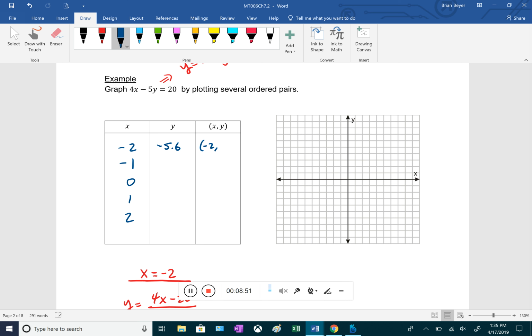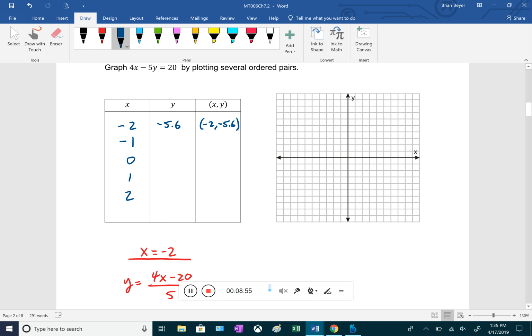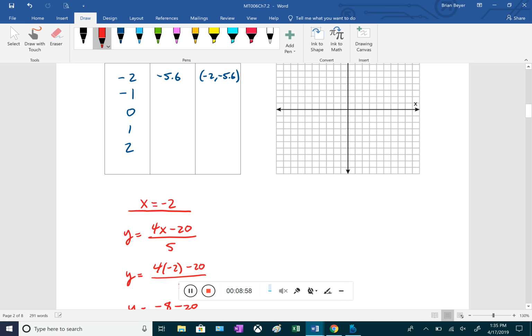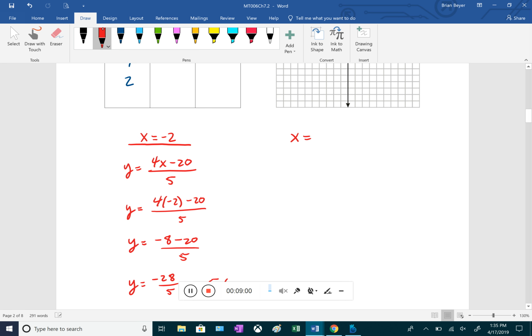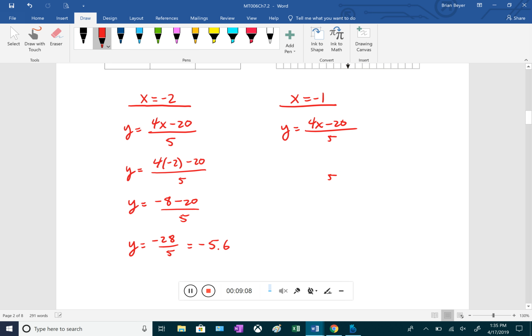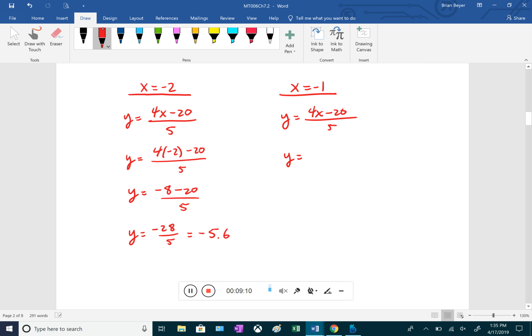Let's just do one more, and then if you want, you could pause it and test out the other ones, and I'll fill in the other ones. So for -1, same thing, 4x minus 20 over 5. That's going to be 4 times -1 minus 20 over 5. So that gives us -24 over 5, which is -4.8.